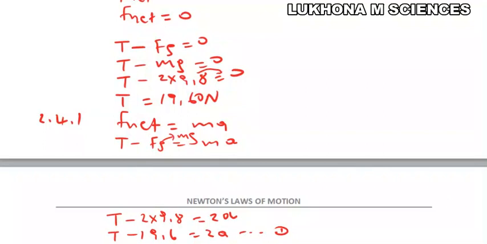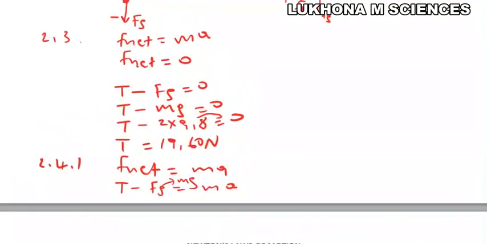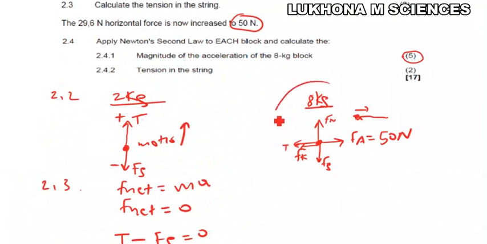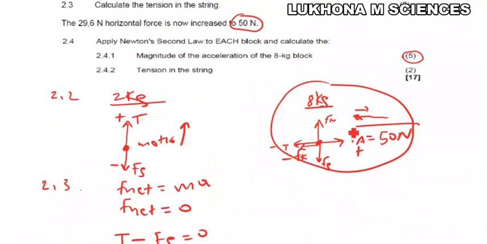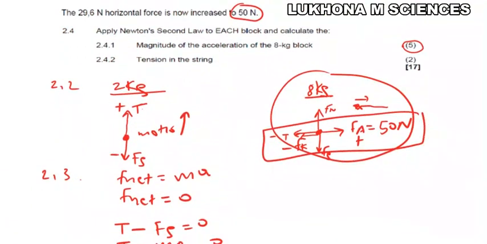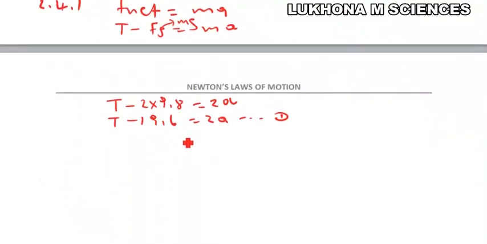Now let's go to another object. Let's use this one now. This one is positive, this one is negative, and this one is negative. So we get F net there. So for the 8 kg block, we have that free body diagram. It has a force applied. It has the normal force.